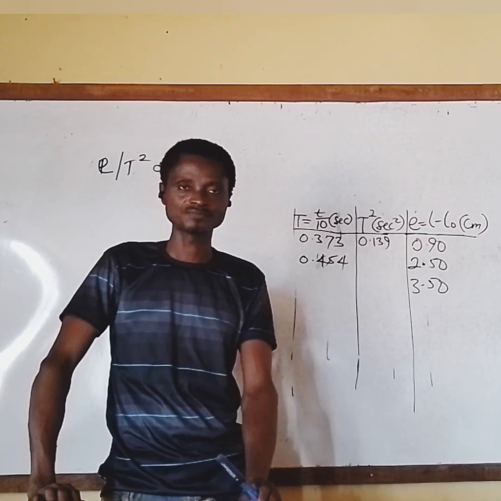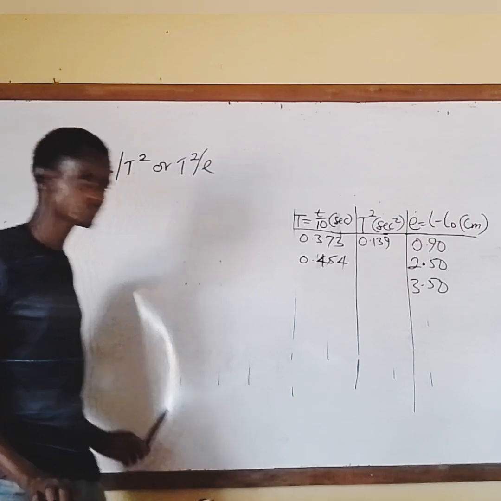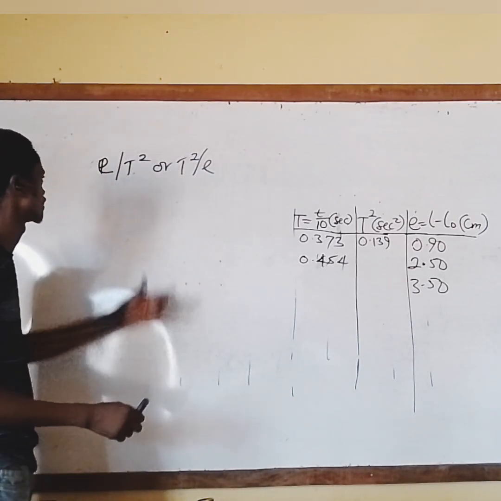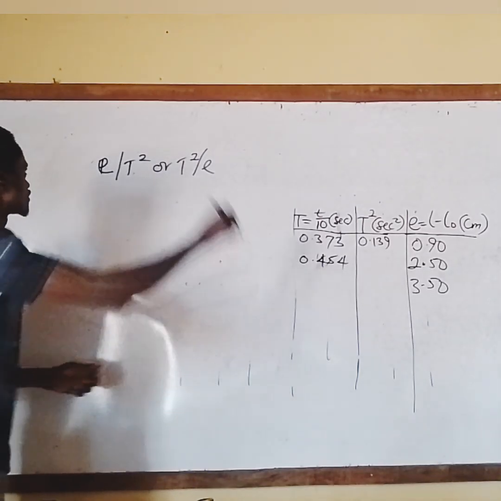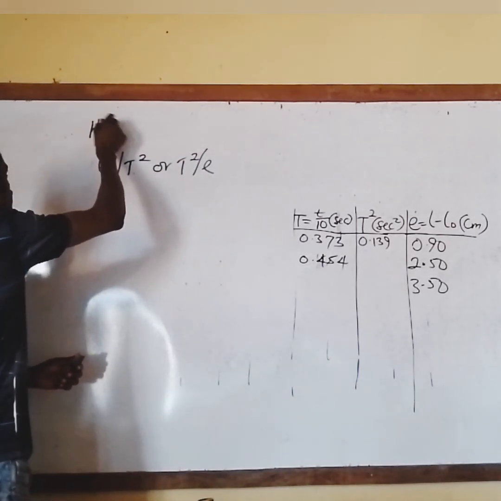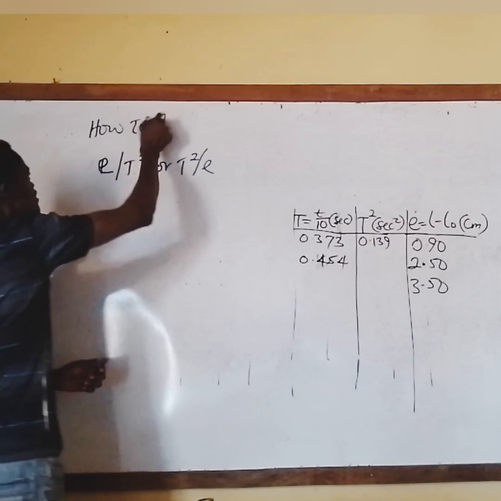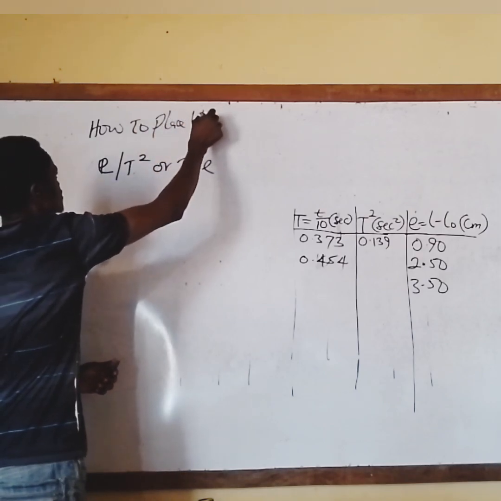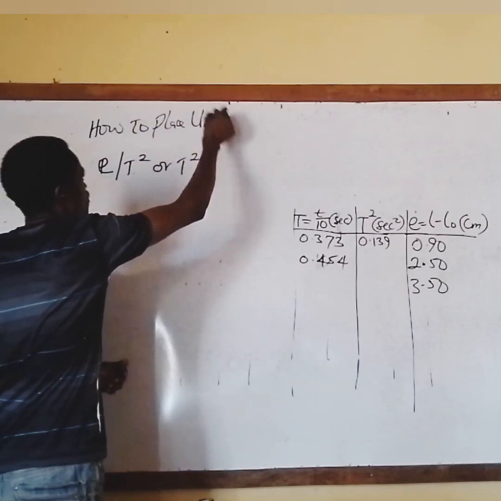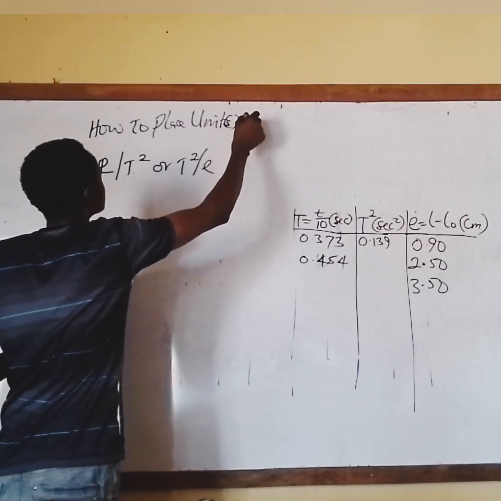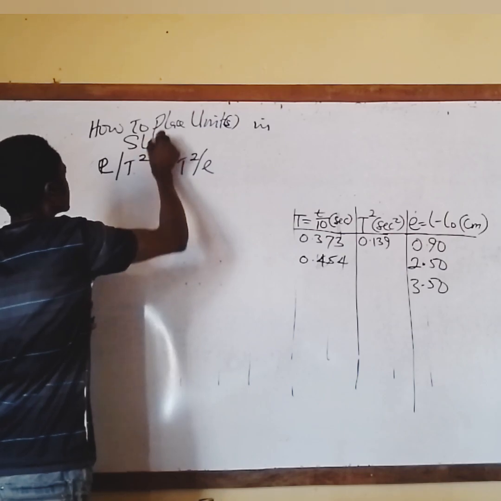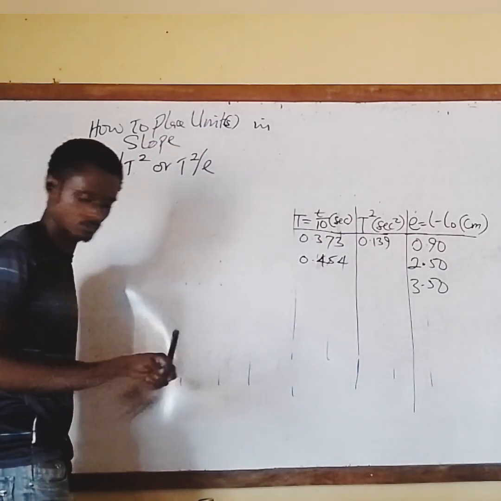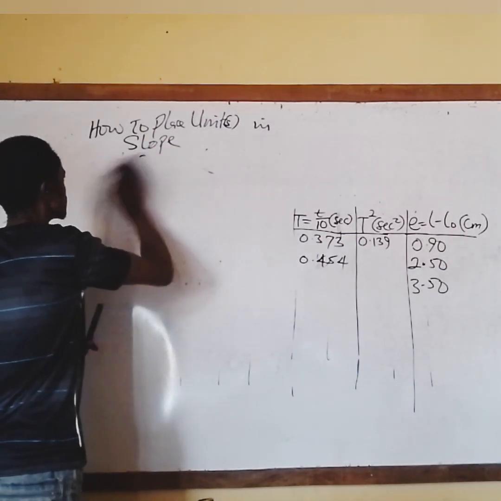Do you understand that? Now, back to business. We have E over T squared. What I'm trying to say is how to place units in slope.